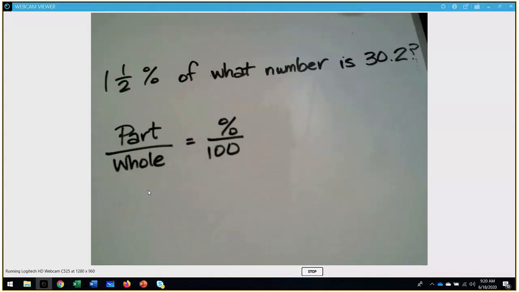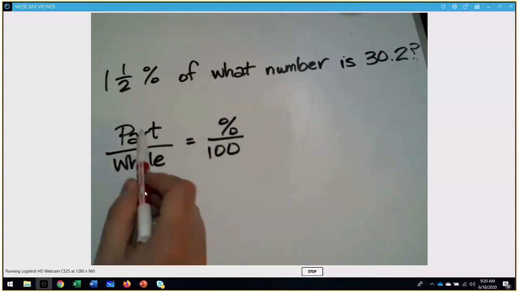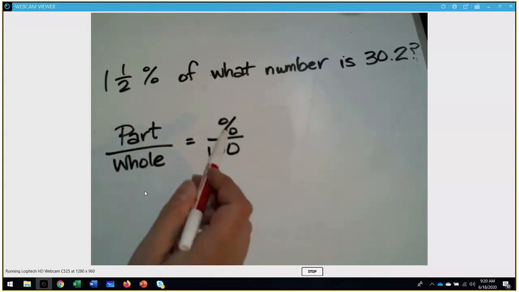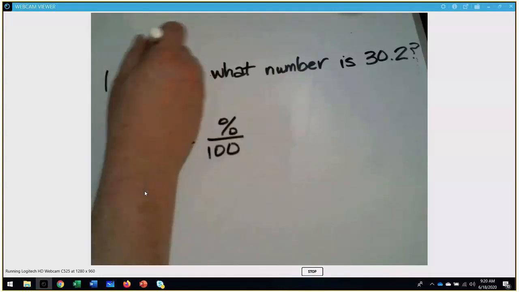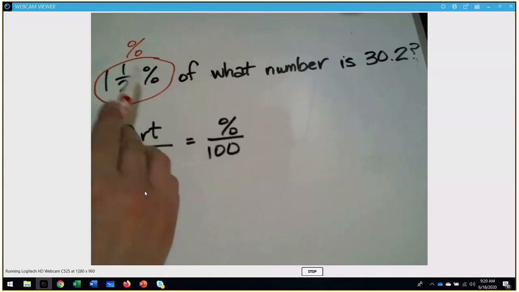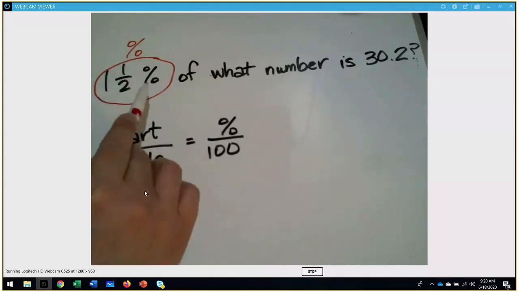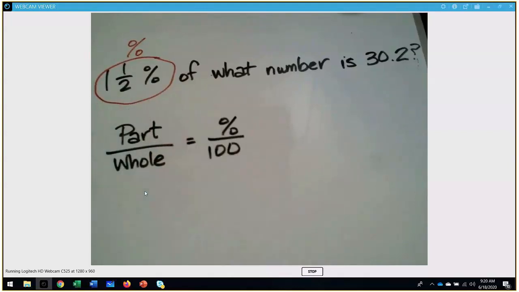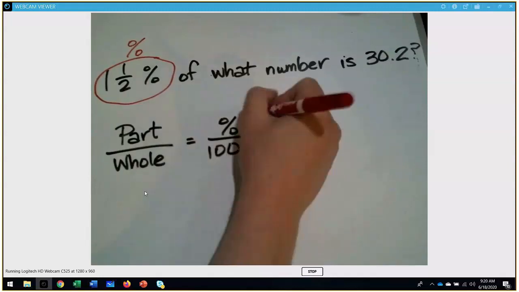So going back, I'm looking for the part, the whole, and the percent. Right off the bat, I see that thing right there. It's the easiest one to identify because it's the one with the percent sign next to it. So that one is going to go in that spot.